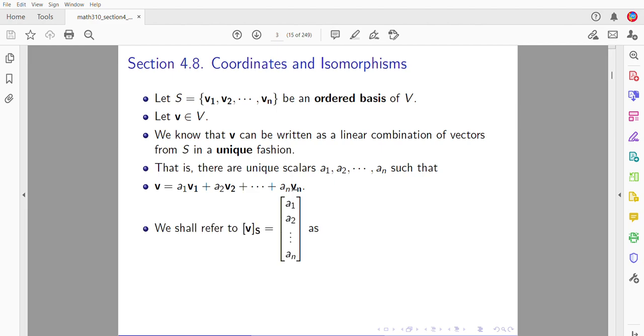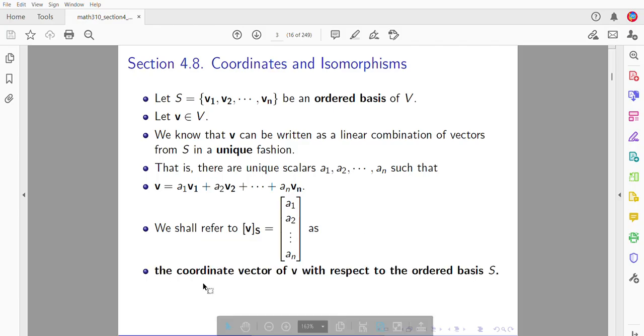So, consider the column made of these unique coefficients for each vector v. You denote it by box v sub S because you are referring to this particular ordered basis. That column vector is called the coordinate vector of v with respect to the ordered basis S. You see, this is a big phrase. All that is mentioned in here.